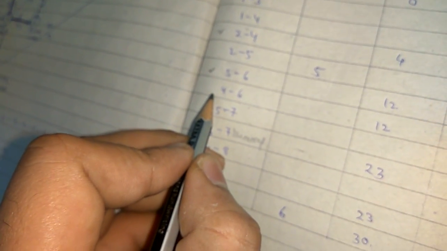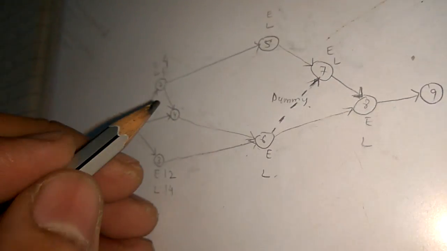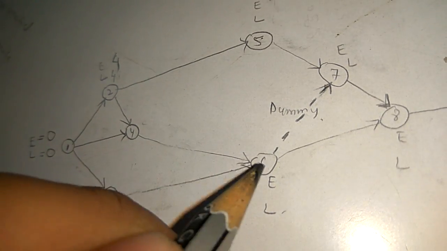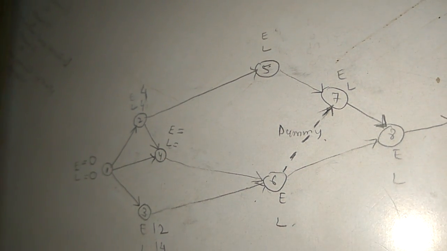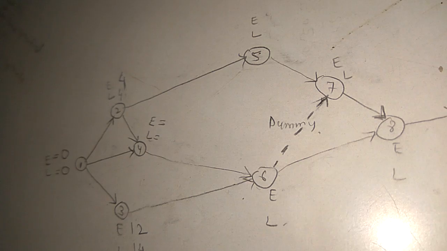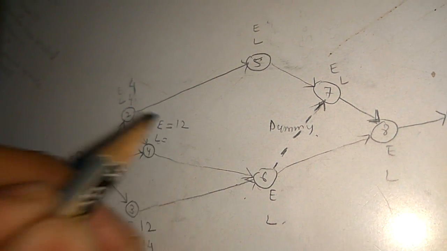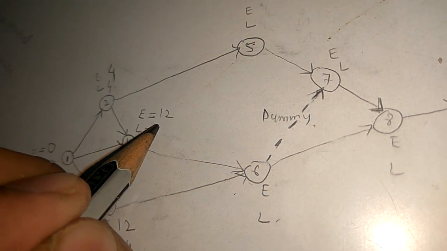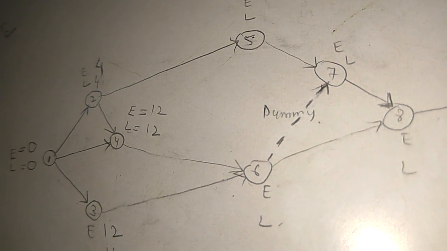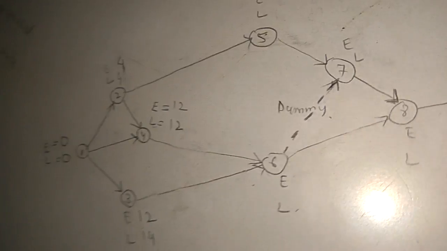Next one is 4 to 6: 12 and 12. Between 4 to 6, EI is 12, and LJ minus DIJ is also 12. So this activity is already completed.